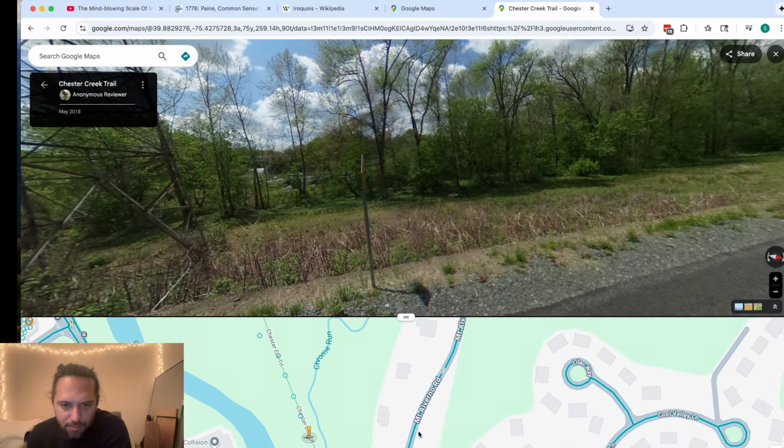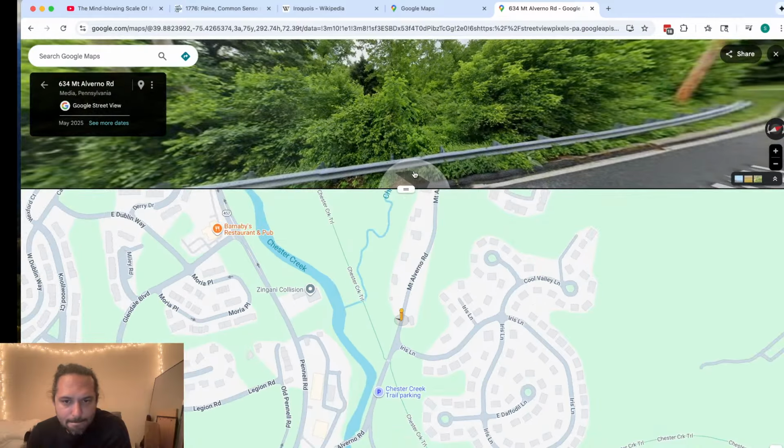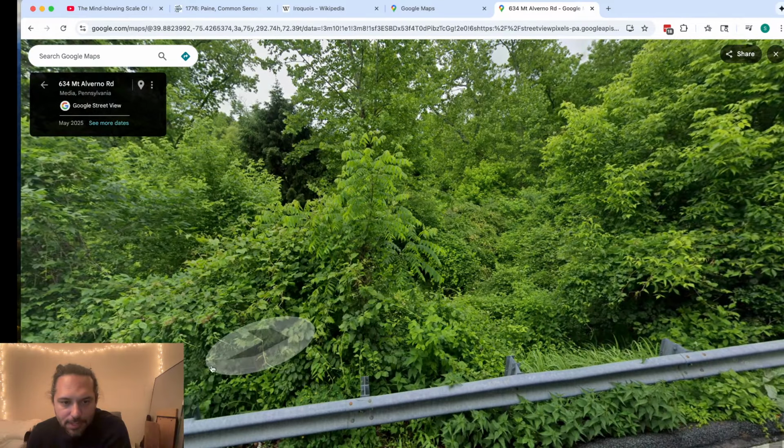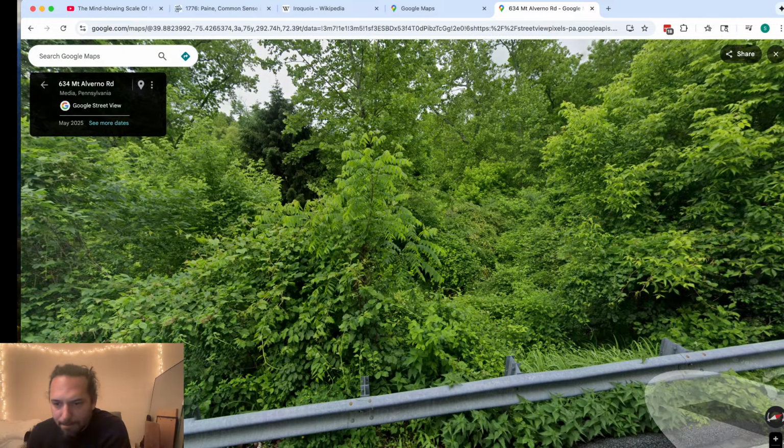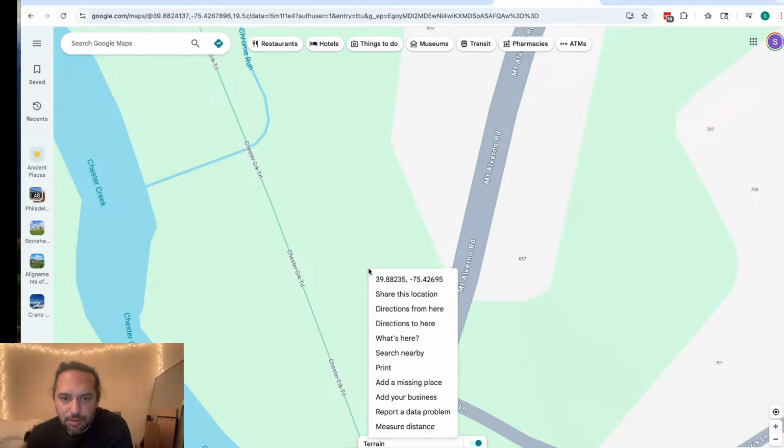Let me see if I can. Wait a sec. I gotta add a mark. Did I do this wrong? Okay. No, that's not what I wanted to do. Share this location, add a missing place, report a data problem.